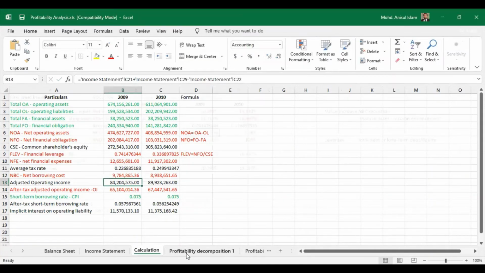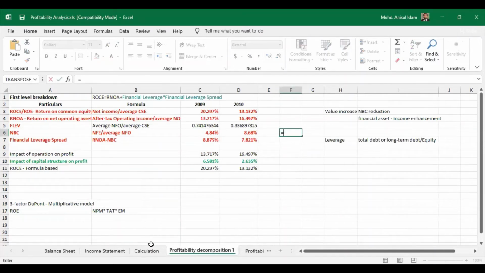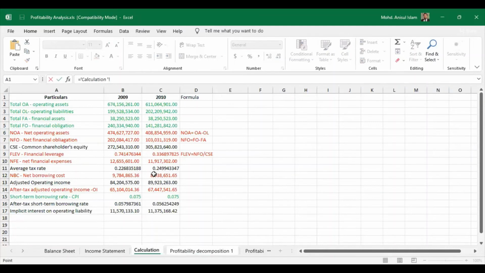So what we are doing here, we are taking the after tax net financial expenses here, this one, or the net borrowing cost, which is a dollar term here, and we divide this number. Can you tell me why we have incurred this? Because we have the net financial obligations, right?